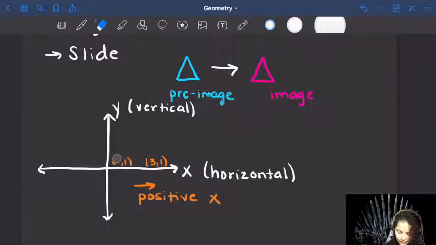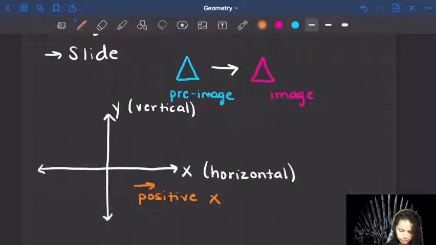So if I go to the right, x is becoming more positive, which means the opposite if you go to the left, right? If you go to the left, now x is becoming more negative, okay? So if I go to the left, x is becoming negative. If I go to the right, x is becoming positive, okay?